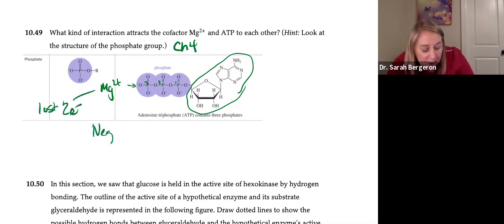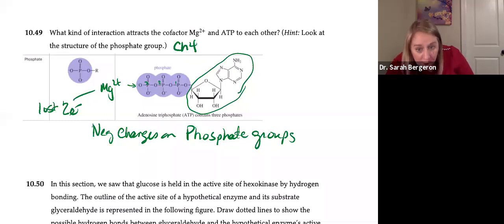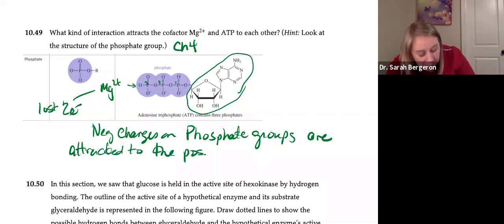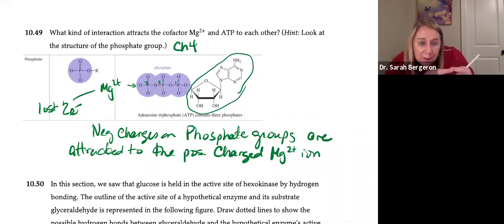So the negative charges on the phosphate groups are attracted to the positively charged magnesium 2+ ion, right? And because that attraction is so strong, it will weaken the bond between the phosphate and the oxygen there.